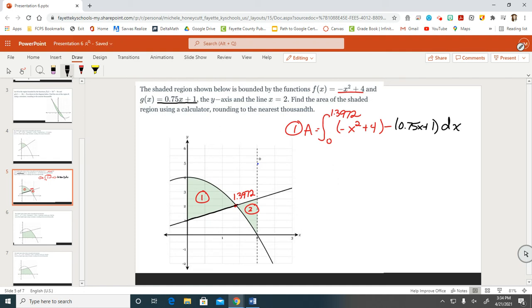And then for the area of region 2, it's going to start at this x value, 1.3972, and it will continue until this 2. And now this time the top curve is the linear function, negative x squared plus 4, minus the bottom function is now the quadratic. Oh, sorry, I did that backwards.